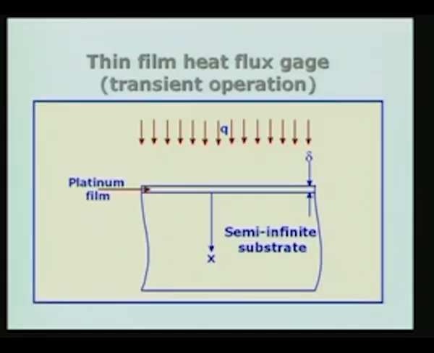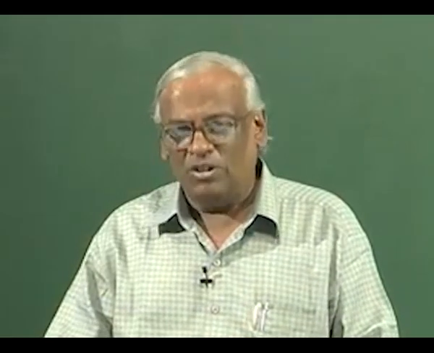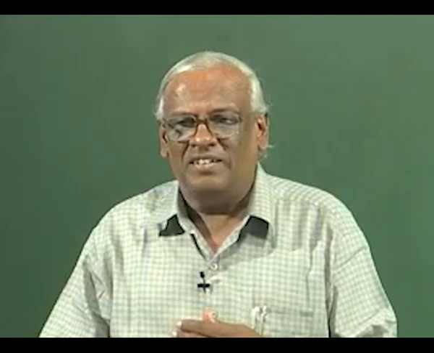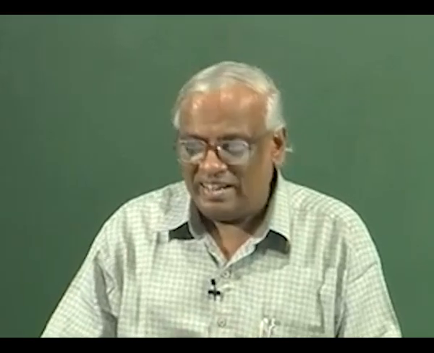So, in this case what will happen is that if the thickness of the substrate is large enough, and I say thickness, it is the thermal thickness of the substrate which I am talking about, then the platinum film will be like it is non-existent as far as the heat transfer is concerned. It does not take part in the heat transfer.